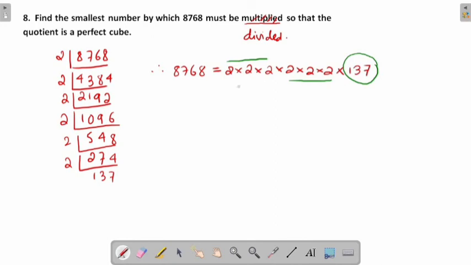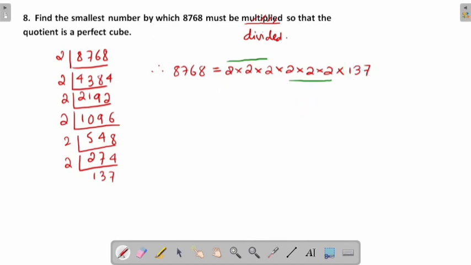We have to divide this entire thing by one number so that the result becomes a perfect cube. If I divide by 137, then 137 and 137 get cancelled, so we get only the 2s, and this will be a perfect cube. So I need to divide this entire thing by 137.